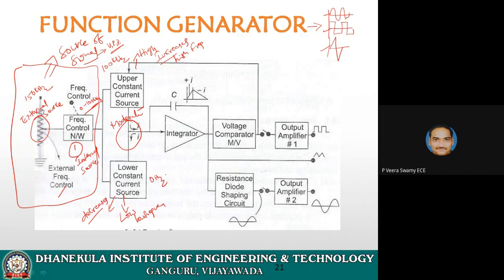Of course, by using this frequency control you can control the frequency, but that controlled frequency is further maintained by the constant current sources. This frequency control controls the frequency at source level, but at the output level you need to maintain that availed frequency as constant by using constant current sources.